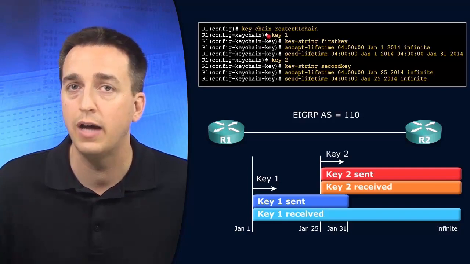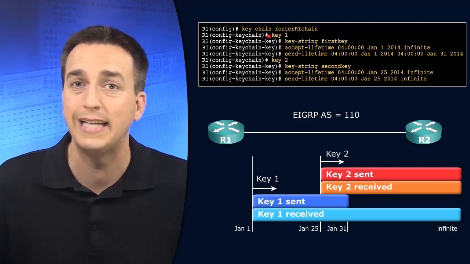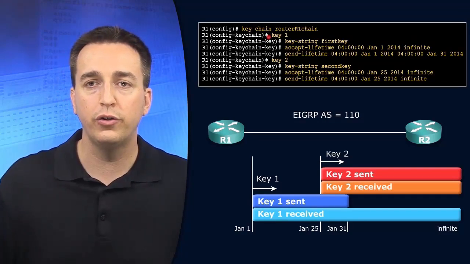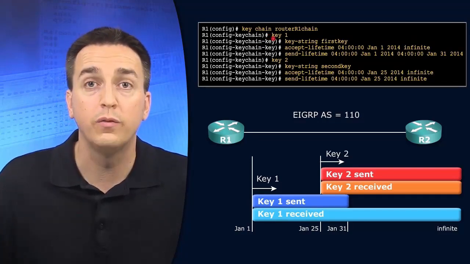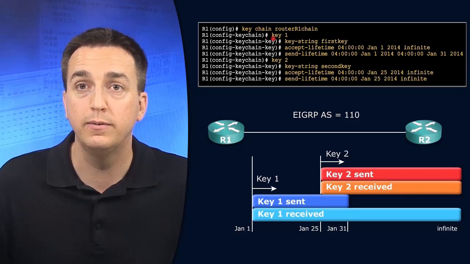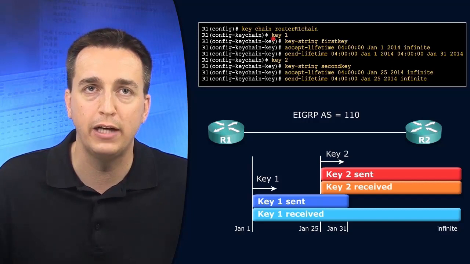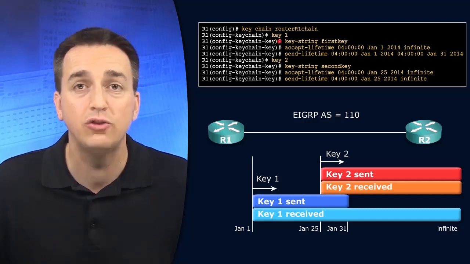So R2 would also have to have key 1 and key 2 specified because that key ID is used during the process of authentication. So, for example, if you're using hashing authentication, then this key ID is going to come into play during that hashing process. In addition to that, the key string comes into play.